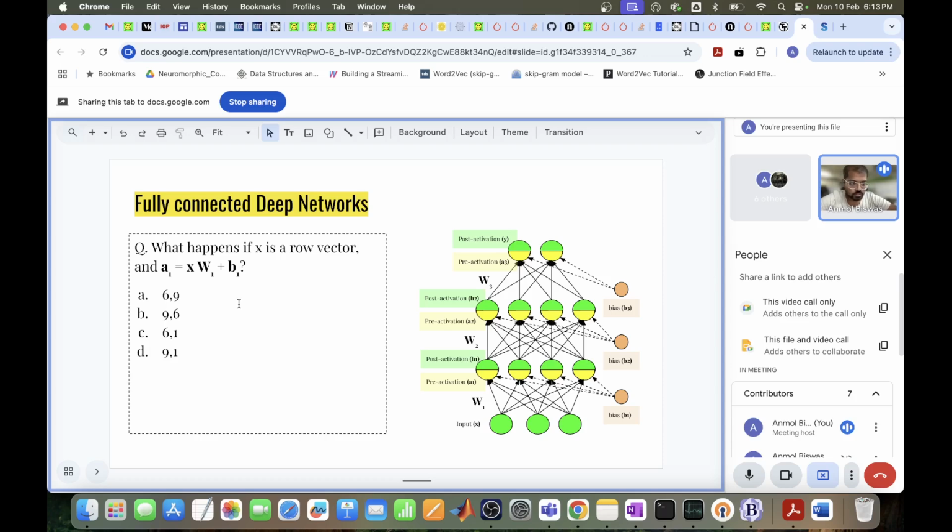So if we consider them as row vectors, then we write the equation a little bit differently, as you can see over here. And the question remains the same: what are the dimensions of w1? With a little thought, this should be fairly straightforward given the discussion of the previous question, so you should be able to answer it pretty easily.